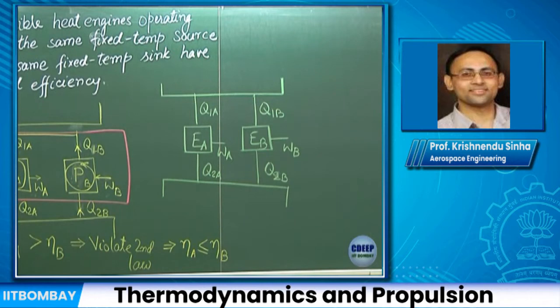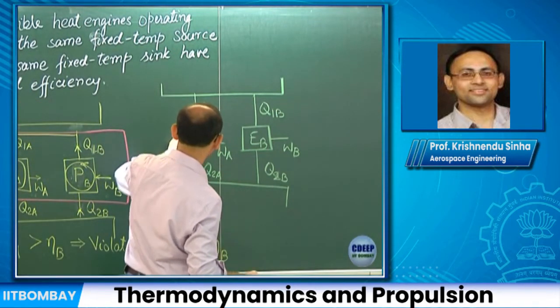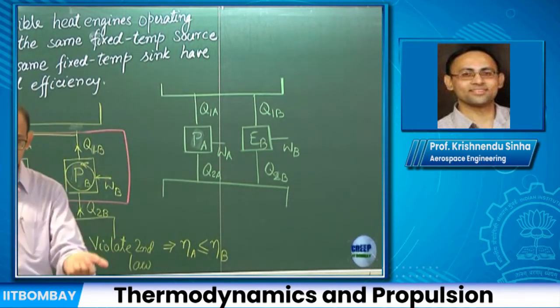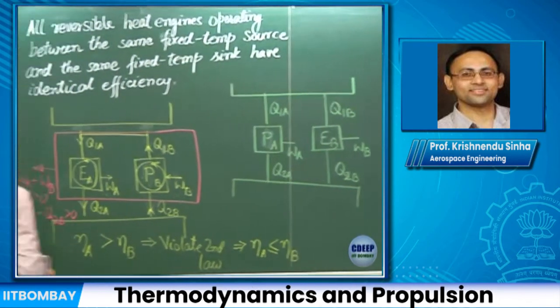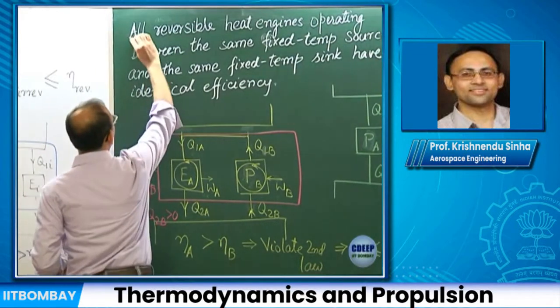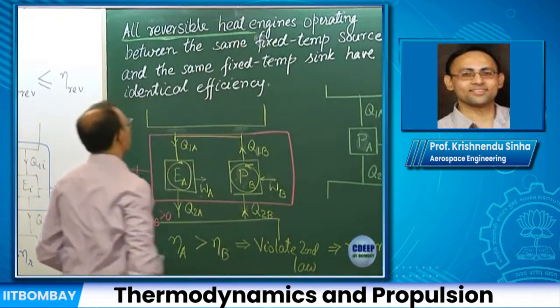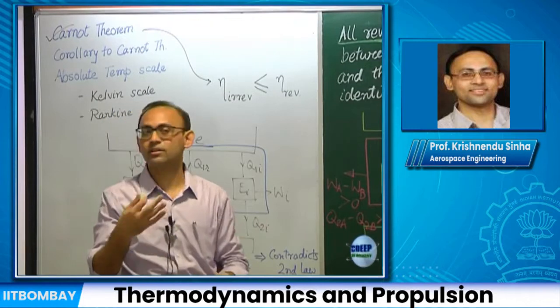Fine. And now I'm going to invert the first one into a pump. We are able to do this because we can invert any of them, as both are reversible. So I'm using the fact that we are dealing with all reversible engines now, instead of the Carnot theorem initially, which had a comparison of reversible and irreversible.